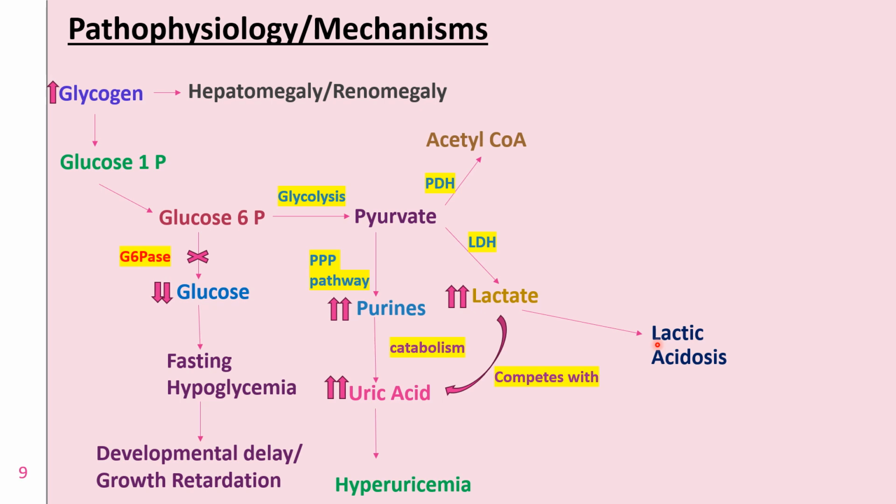Now, another fate of this pyruvate is it gets converted to acetyl coenzyme A, and since there is excess acetyl coenzyme A, it cannot be handled by the Krebs cycle, so it gets diverted to all the other pathways in which it acts as a precursor molecule, like cholesterol synthesis, fatty acid synthesis, and ketone body formation.